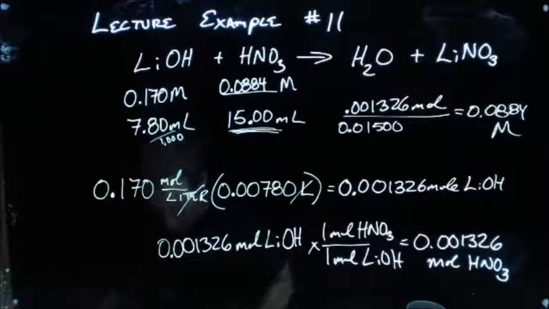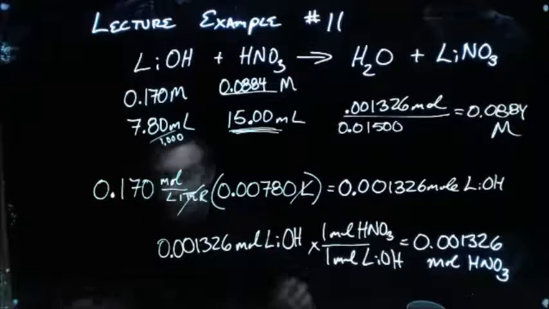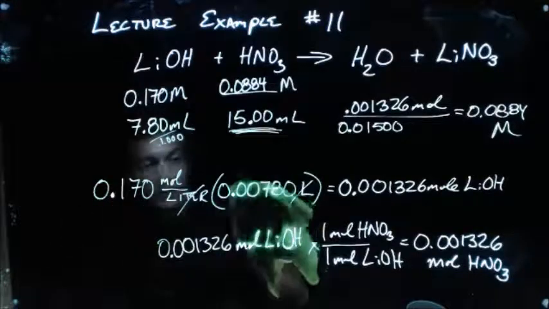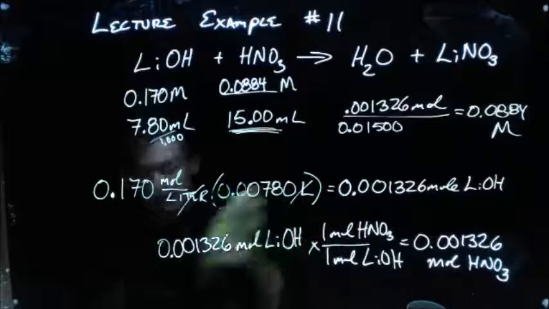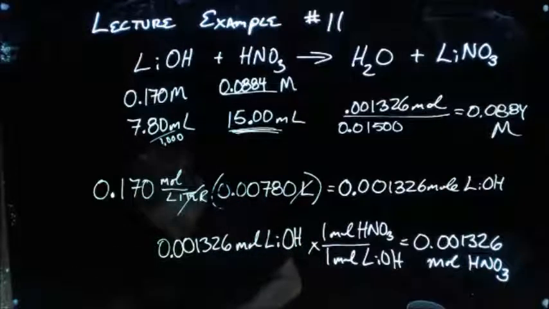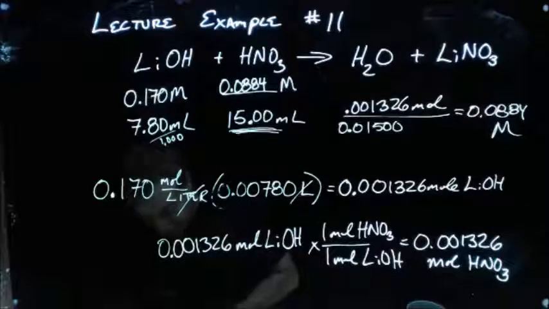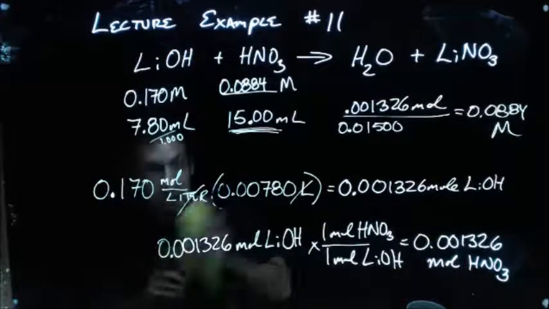Now we're going to want to go on to part B. In part B, it says, using our previous answer, calculate the pH when only 7.4 milliliters of base have been added.